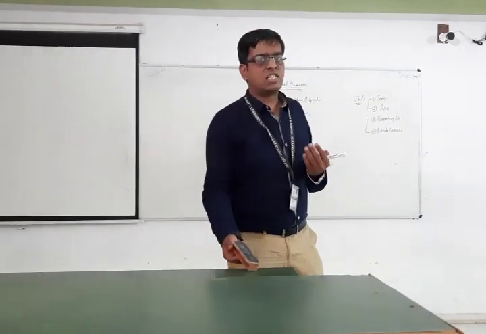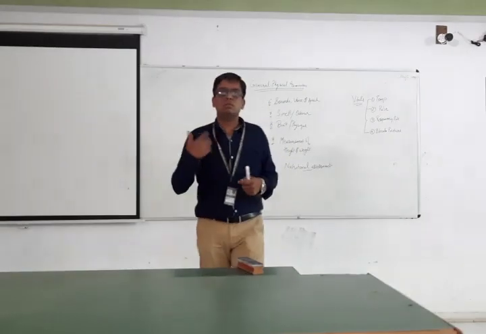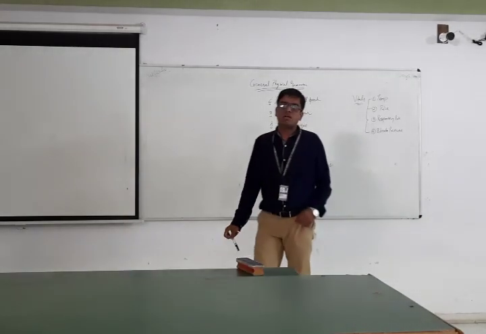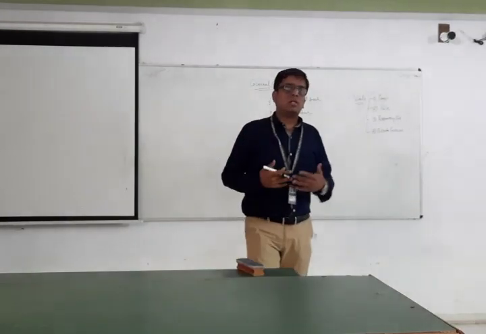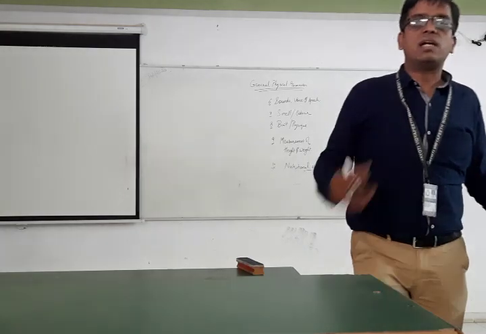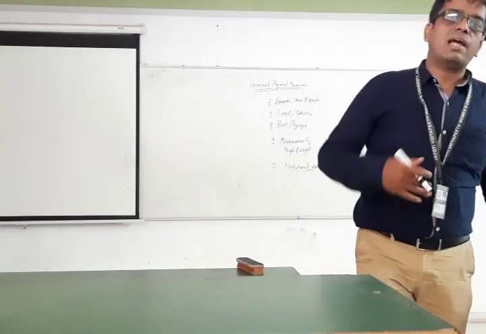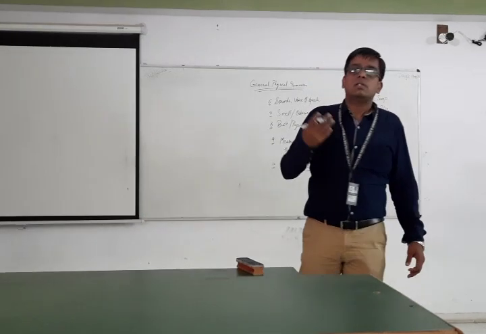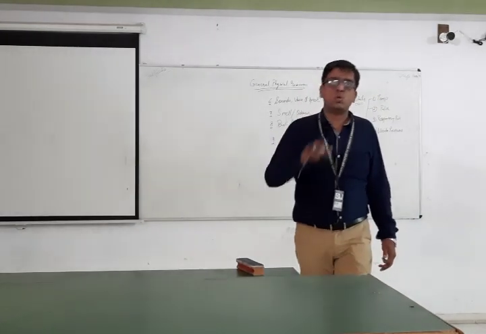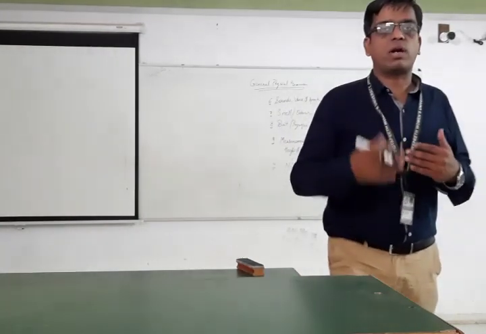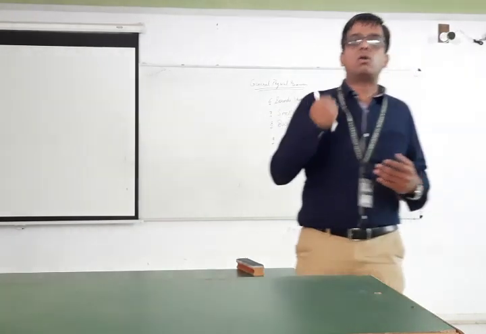Now in the next point, what are we going to check? We are going to check for the build or physique of the patient. The patient who is coming to you in the general physical examination, you have to check whether the patient has a well build, is the nutrition proper, the age and height ratio are normal or not, whether the height and weight are according to the patient's age or not.